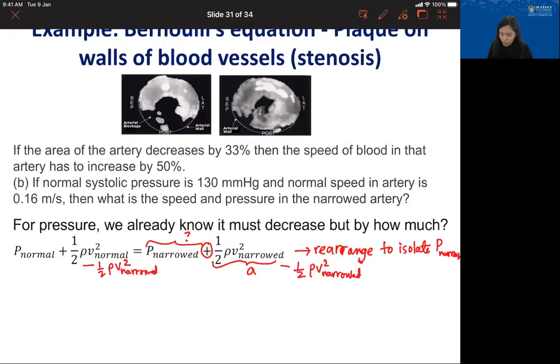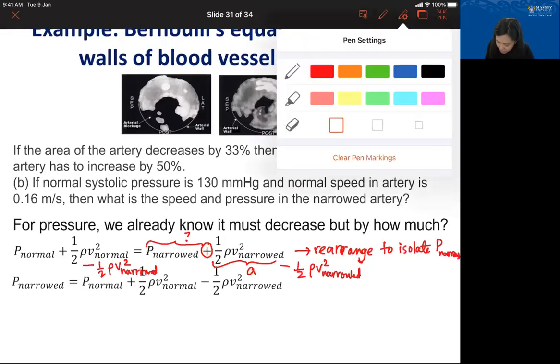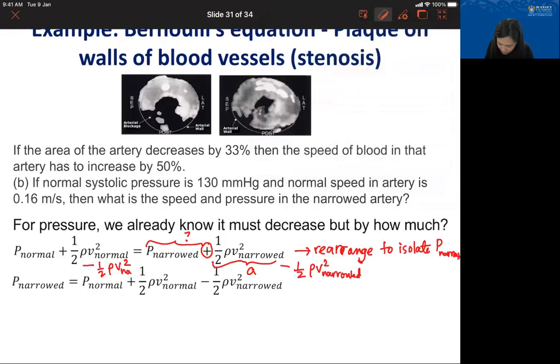If you do that rearranging, then you have P narrowed equal to the whole left side, P normal plus 1/2 rho V normal squared. You didn't have to do anything with the original left side because it's just there.